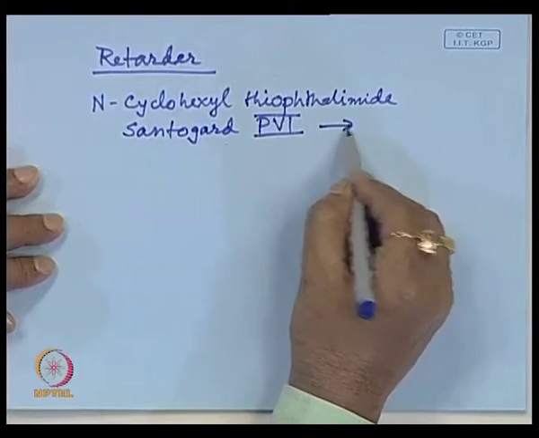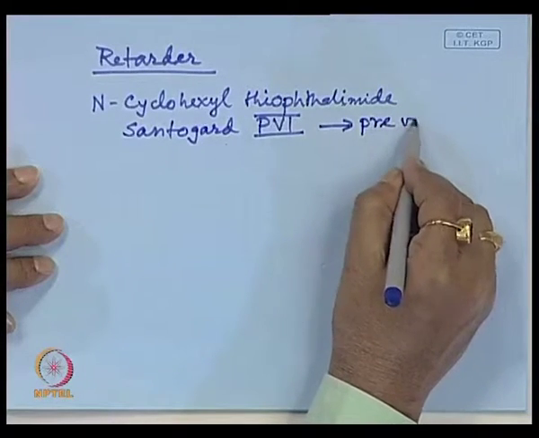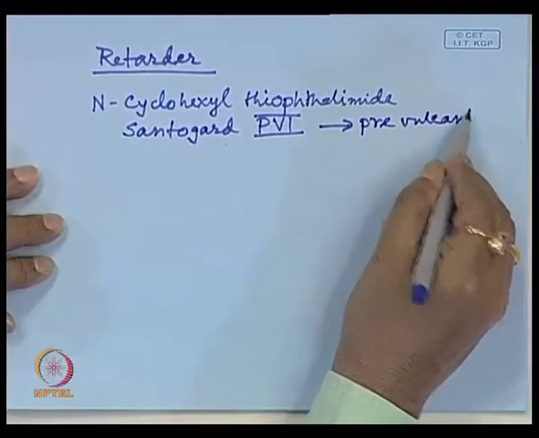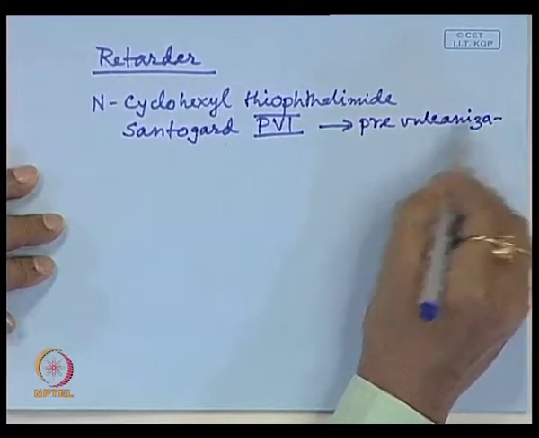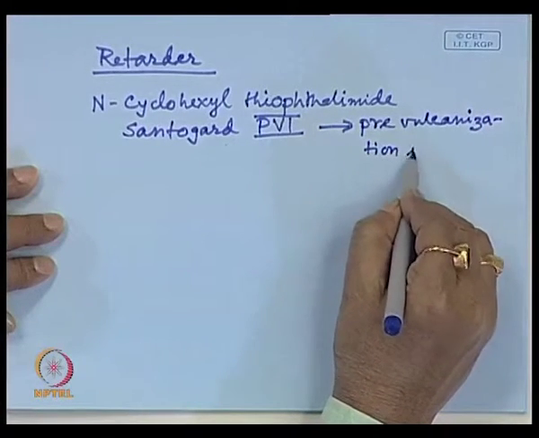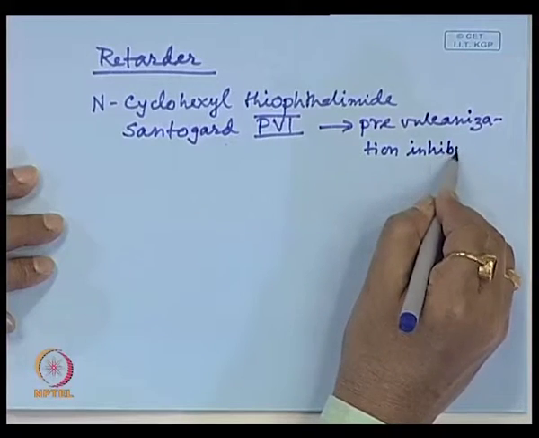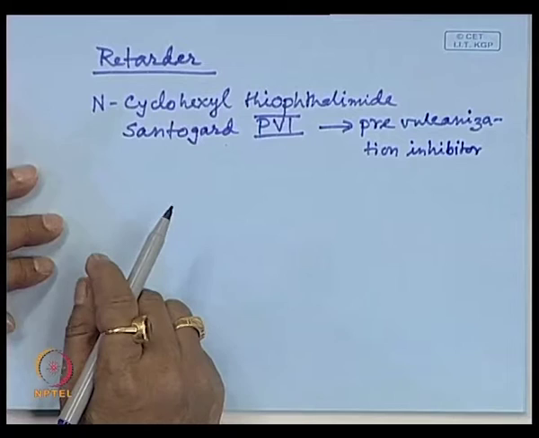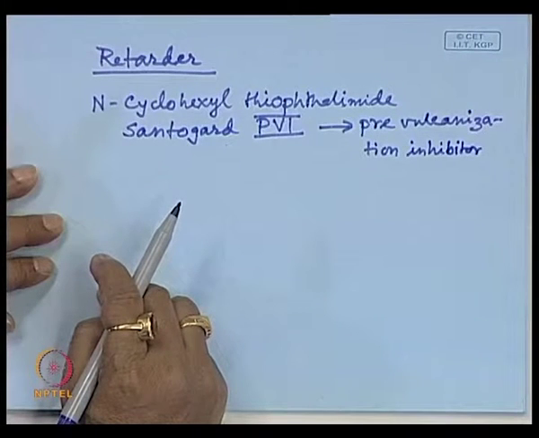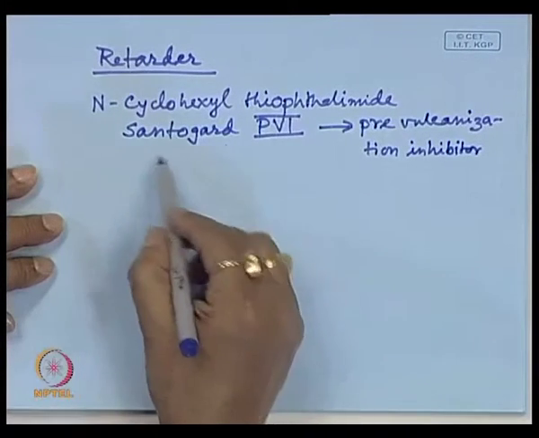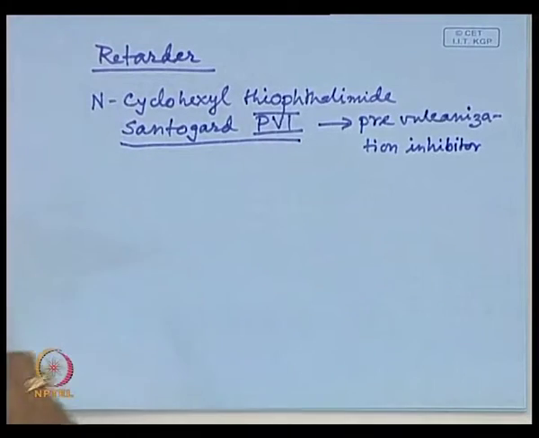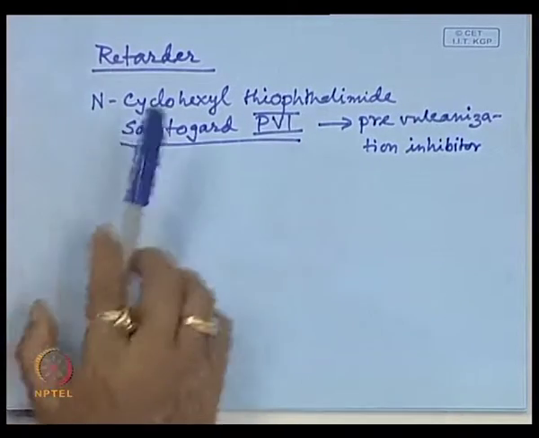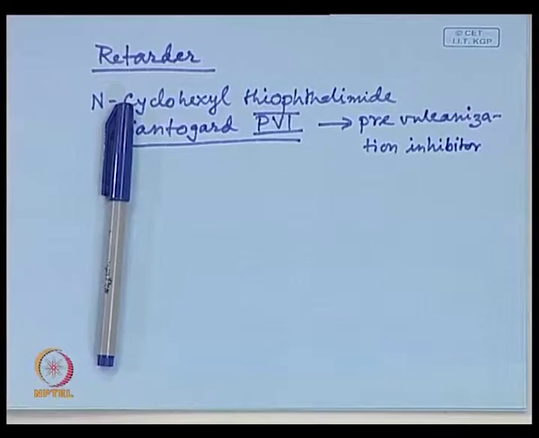PVI stands for pre-vulcanization inhibitor. This is the trade name of this compound, N-cyclohexyl thiothalimide. There are certain other examples in subsequent slides. I will show you. So, this is about curing system.